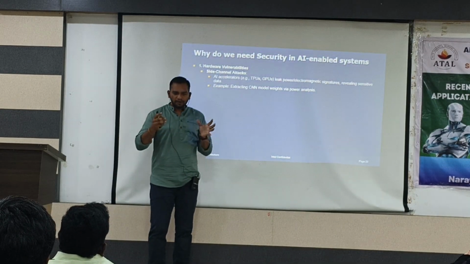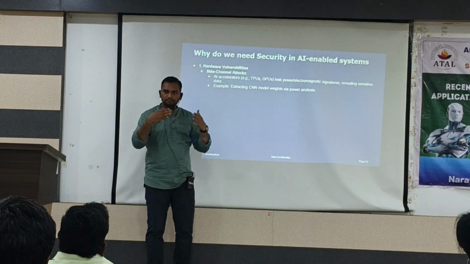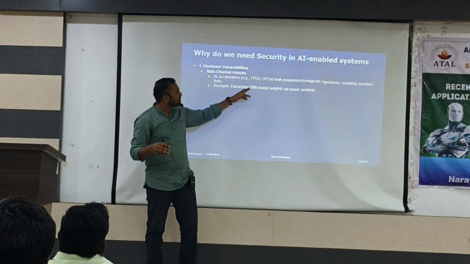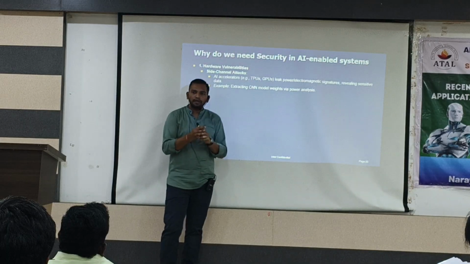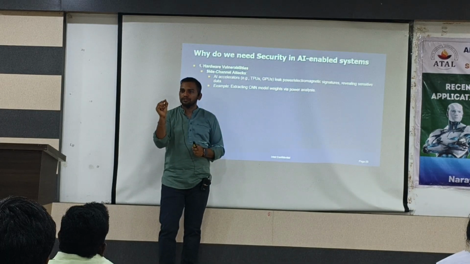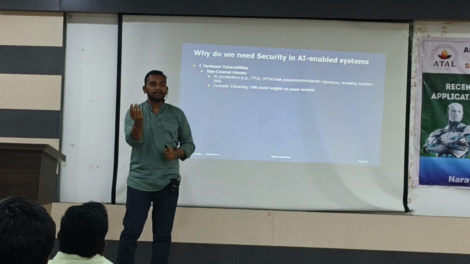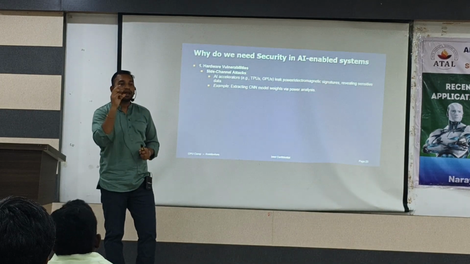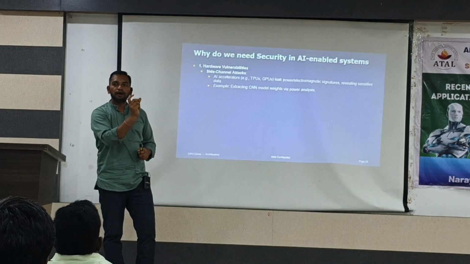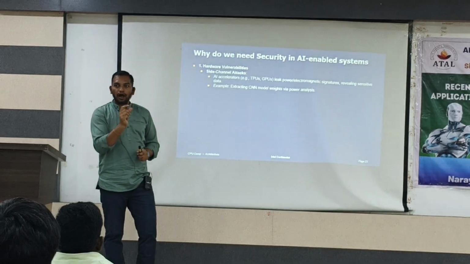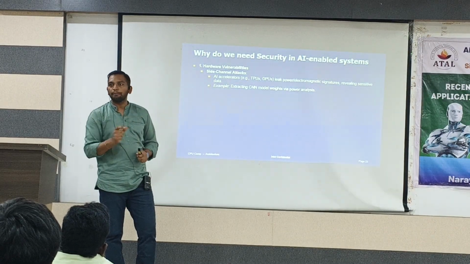They will have a lot of data running through the channels. When the data is moving, there will be some power leakage. Based on that power leakage, attackers can steal the data and estimate what kind of data is being processed. That level of attack is happening right now.